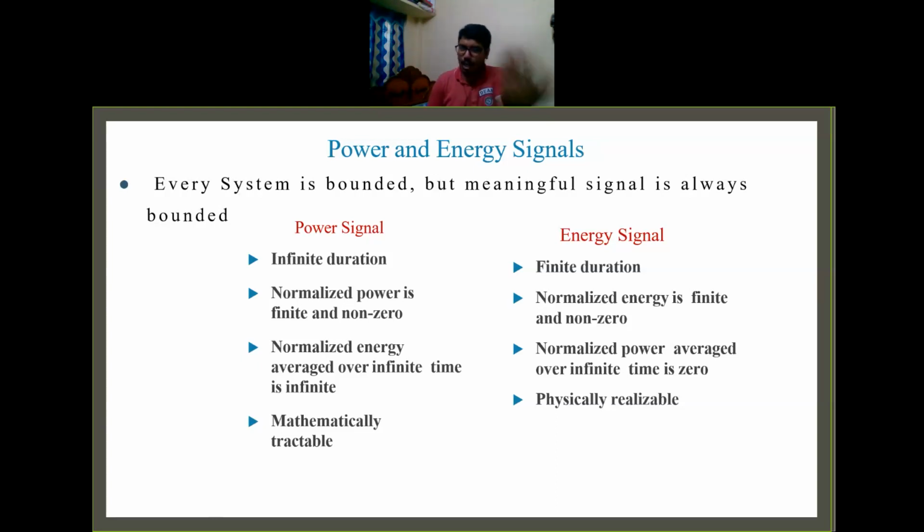So here these are all signals only, but power signal and energy signal means they have some special quality, some special property they are exhibiting. That's the reason I'm calling such signals power signals and energy signals. I hope you understood why I'm calling them CRs.